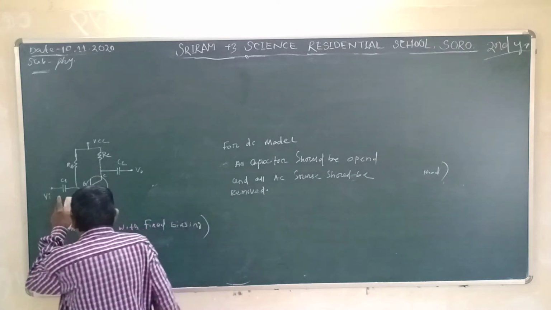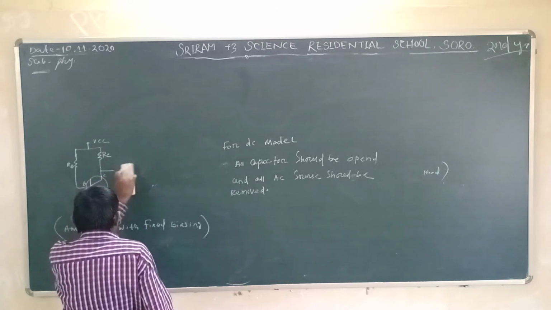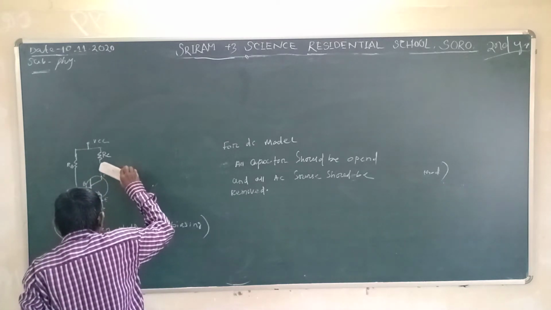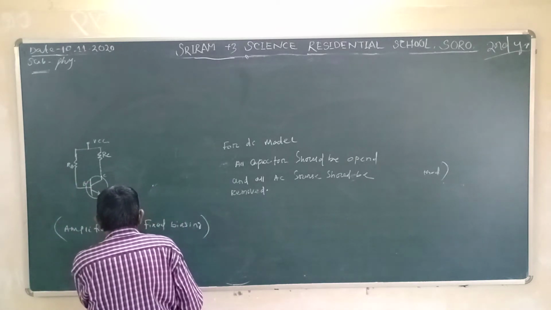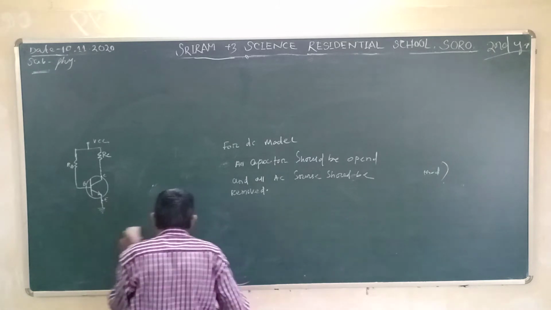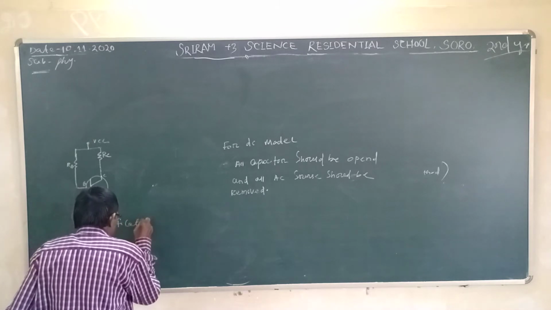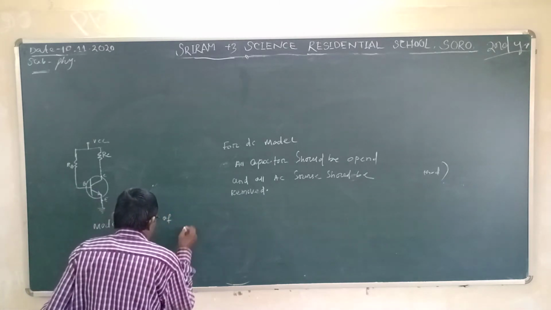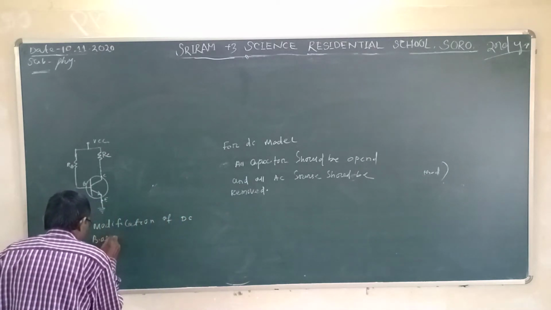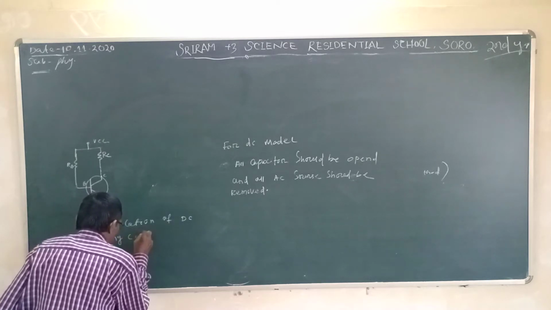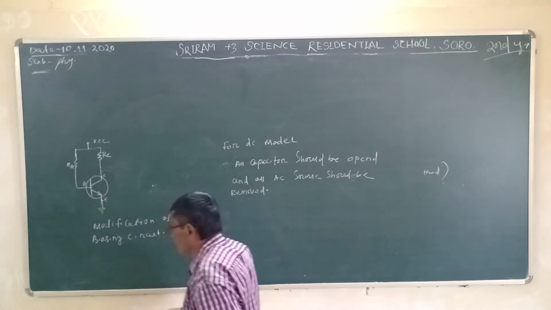When we open this capacitor and this capacitor and remove the AC source, this is the DC model, or a modification of the DC biasing circuit.